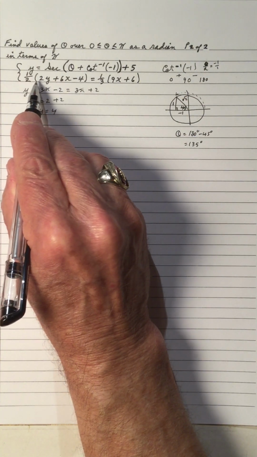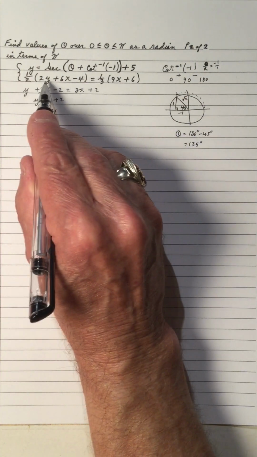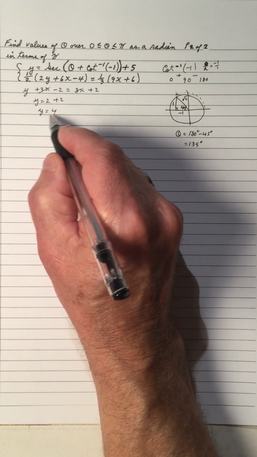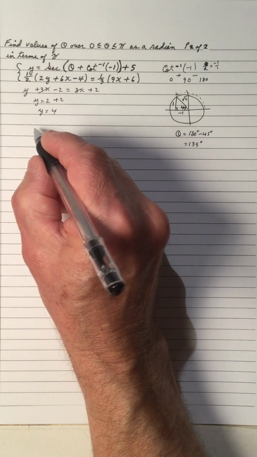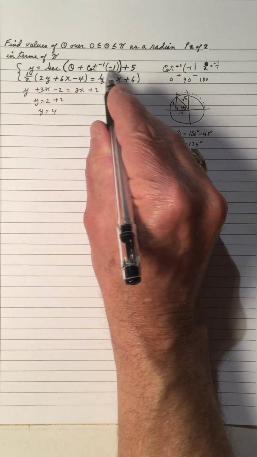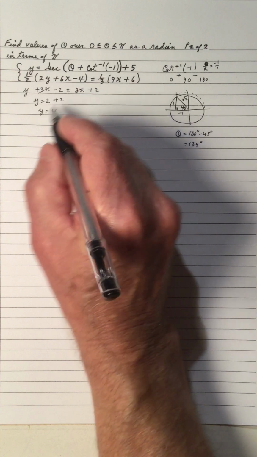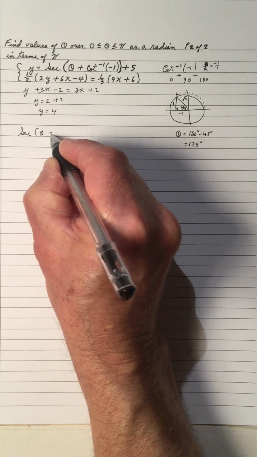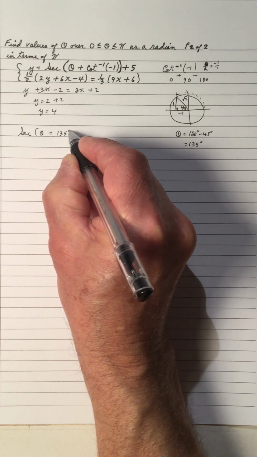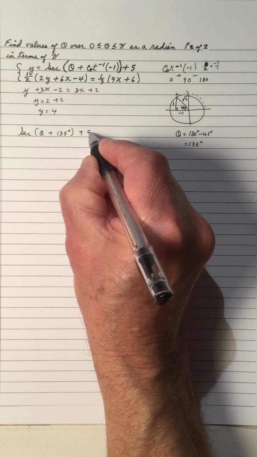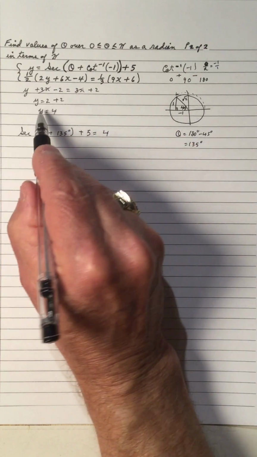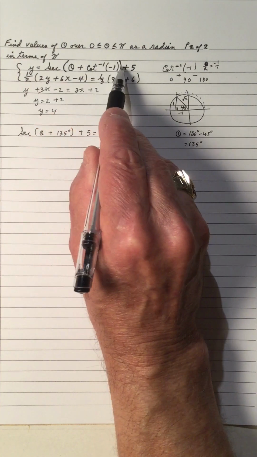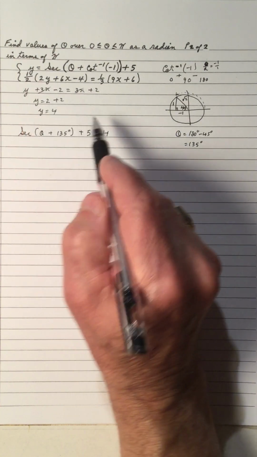Even though this equation looks like a linear equation in terms of y and x, the x's cancel out, so we just get a horizontal line, y equals 4. So when I put 135 in, the other equation will be secant of theta plus 135 degrees plus 5 equals 4. Both right sides are equal to y, so they're equal to each other.